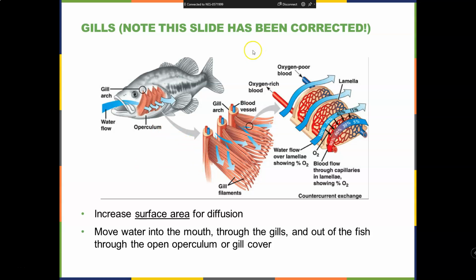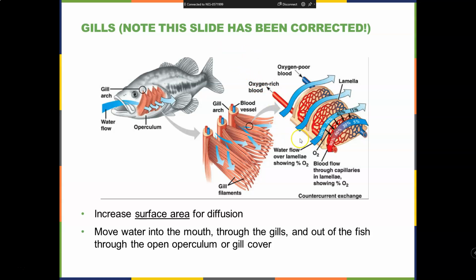All right. So one modification is the great surface area right here. And then the other one is this countercurrent exchange right here. When we look at a tiny little bit of any one of these gills, we'll see that they are arranged so that water passes across the exchange surface. Right under that exchange surface are a bunch of capillaries carrying blood, and the capillaries are running in the opposite direction as the water. So deoxygenated arterial blood comes in here and flows forward relative to the water flow, and then is picked up by an artery and runs back.